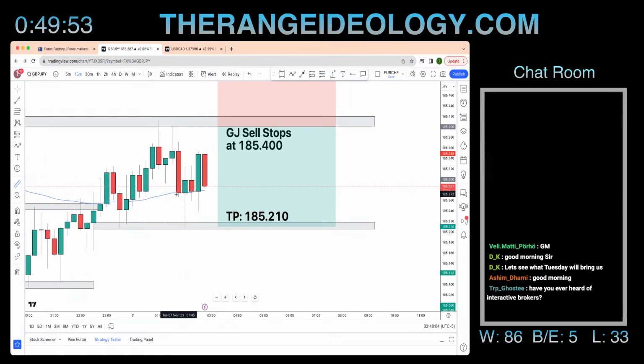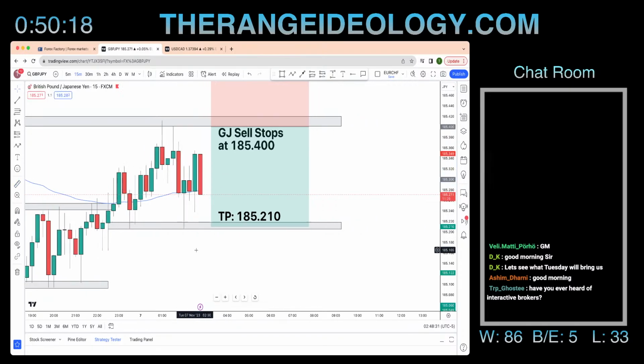Again, still nothing defined here. Just have to be patient here. That's almost a 10 pip drop right there with no top wick. Sorry, 8 pip drop here. It's pushing strong here.